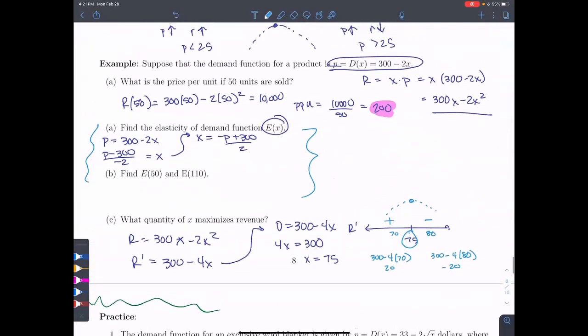But hopefully we would get that this would be inelastic at 50, because we are going to max out our revenue at 75. So we should get inelastic at 50, and then it should be elastic at 110, because that would be past the point where increasing price no longer increases revenue. It would decrease the revenue at that point.